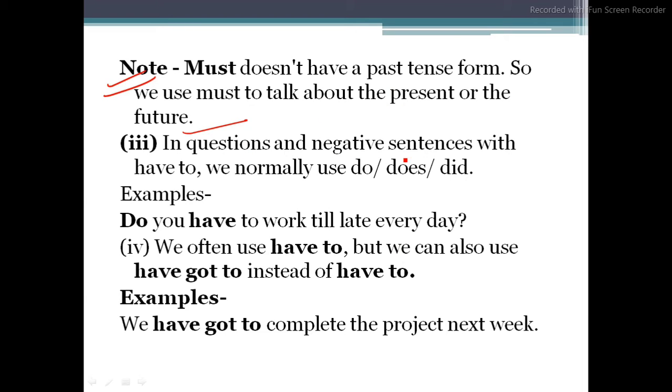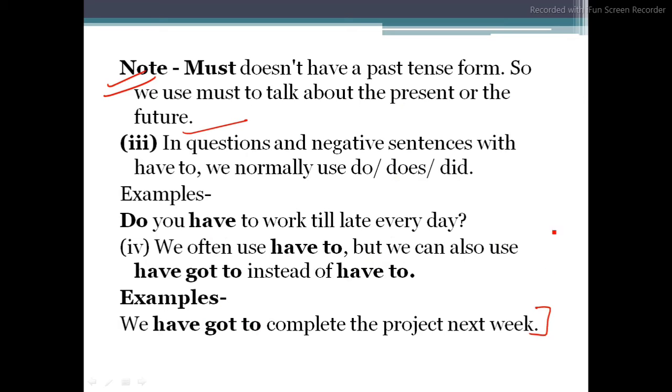In questions and negative sentences with have to, we normally use do, does, did. For example, do you have to work till late every day? We often use have to, but we can also use have got to instead of have to. We have got to complete the project by next week.